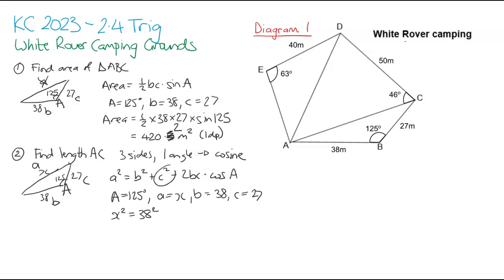C squared is going to become 27 squared. So we've got plus 27 squared. 2bc will be, so minus 2 times 38, which is the b, times 27, which is c, and we're going to multiply that by cos big A, and our big A is 125 degrees. So we've got cos 125.